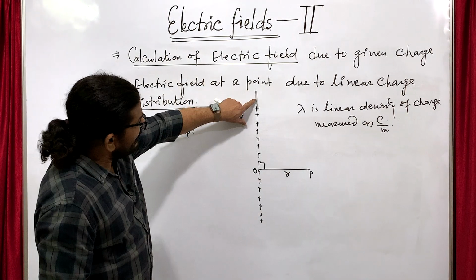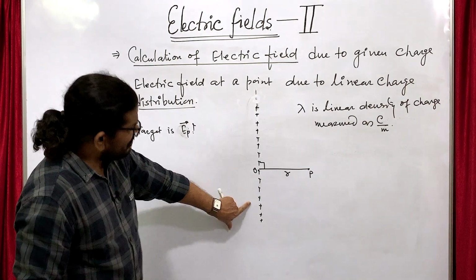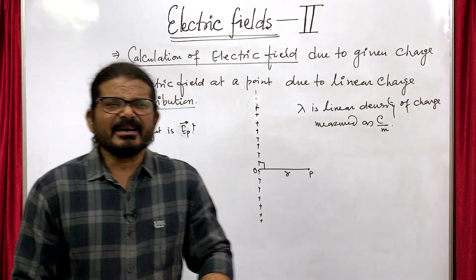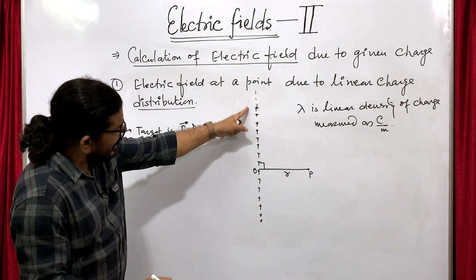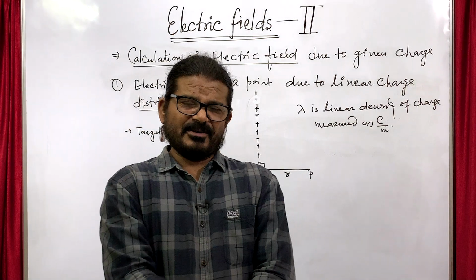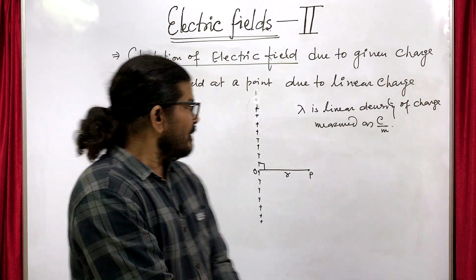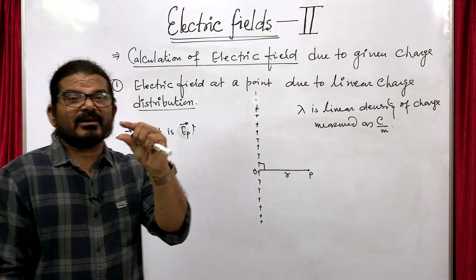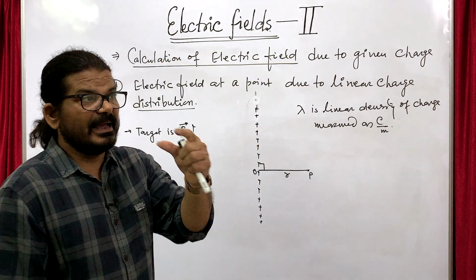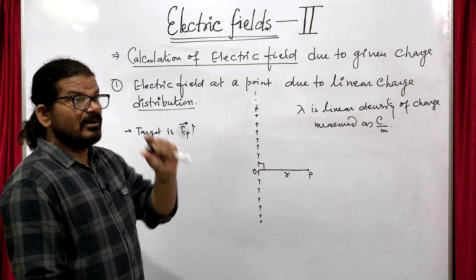We can imagine this linear distribution of charge to be made of a large number of infinitesimally small elements, and we will treat one element as a particle, as a point charge, approximately.